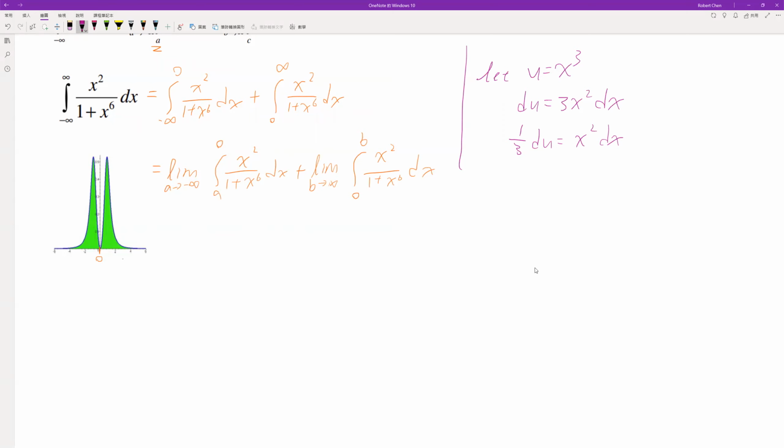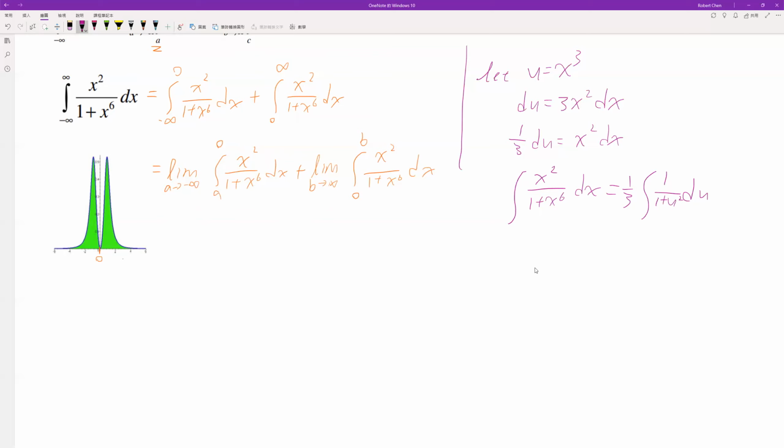So let's just take a look at one of them. The integral of x squared over 1 plus x to the 6th dx after u-substitution will be 1/3 the integral of du over 1 plus u squared. And 1 over 1 plus u squared, that is arctangent, right?